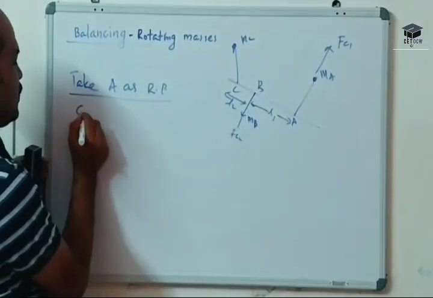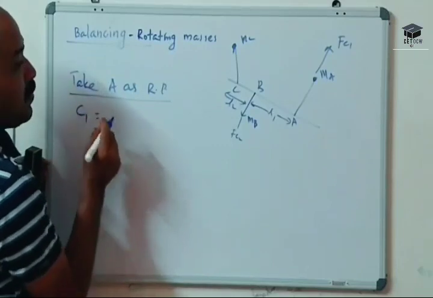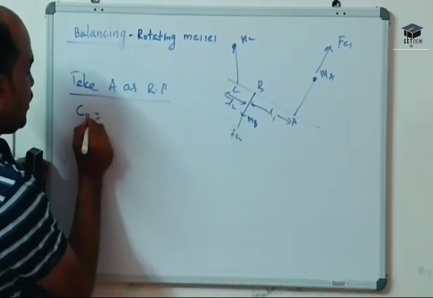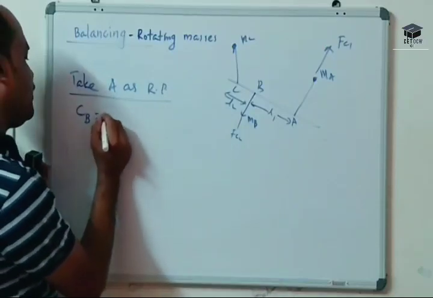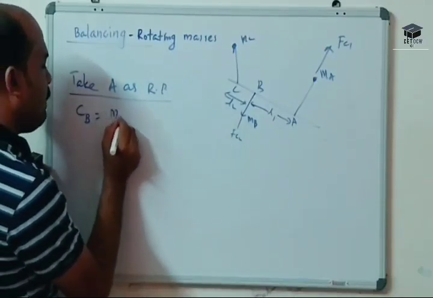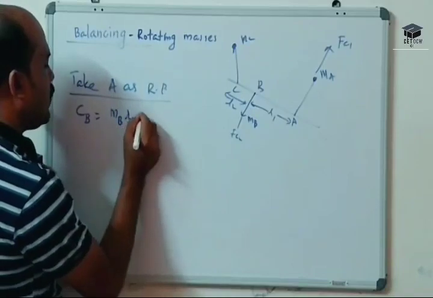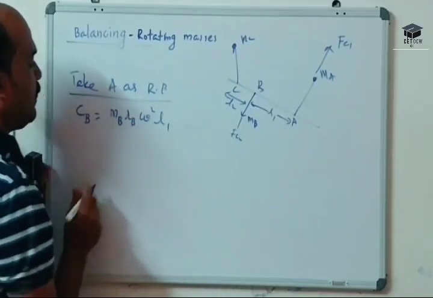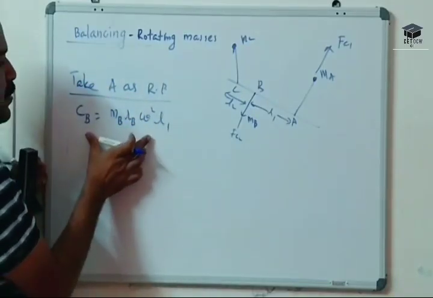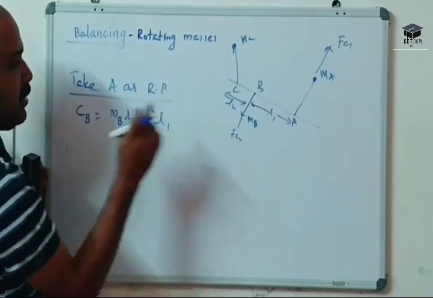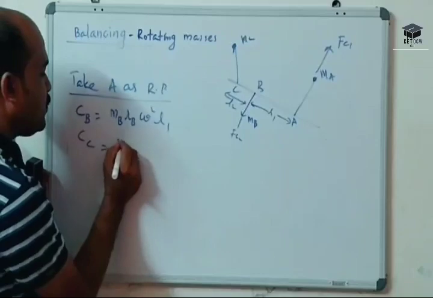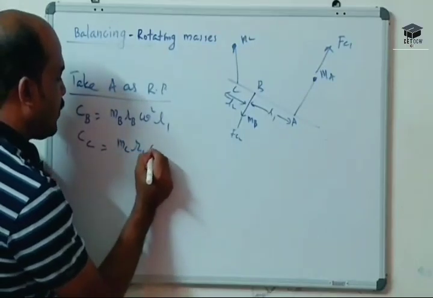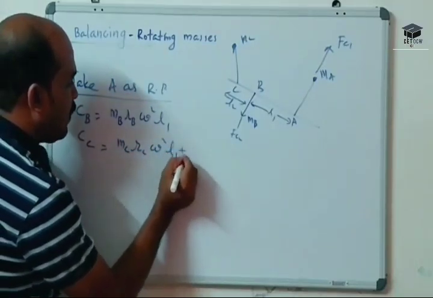So the couple due to B is CB, which is equal to mB rB omega square L1. Then the couple due to C is mC rC omega square times L1 plus L2.